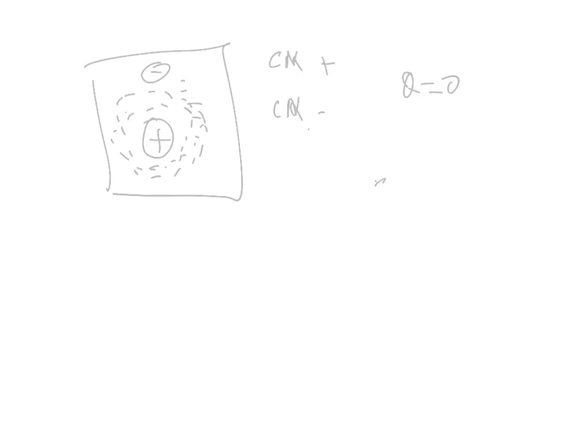When we try to put a small charge here and see the electrical interaction between these charges, the positive and the negative, one will pull with a force in one direction, and the other one will pull with a force in the opposite direction. So you will not observe an electrical effect on this charge.